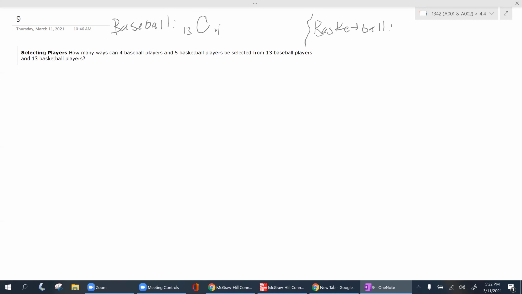For the basketball players, how many ways can I select 5 from 13? I know this is going to be 13 combination 5. I'll let you do this one by hand, and you can also plug it into your calculator. I know I'm going to have to multiply these.